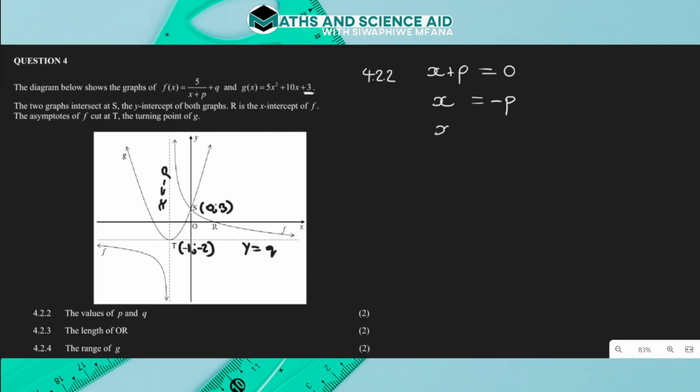We can say that x is equal to negative 1, because the x value of T is negative 1.